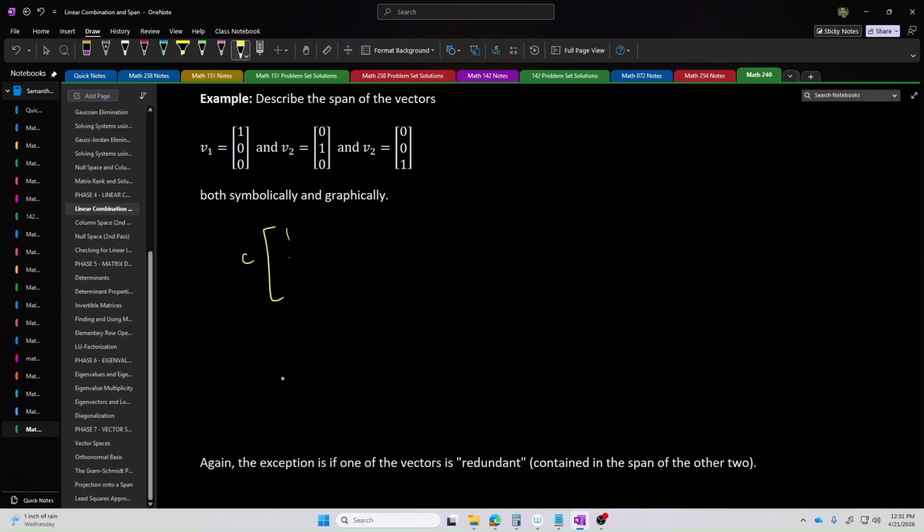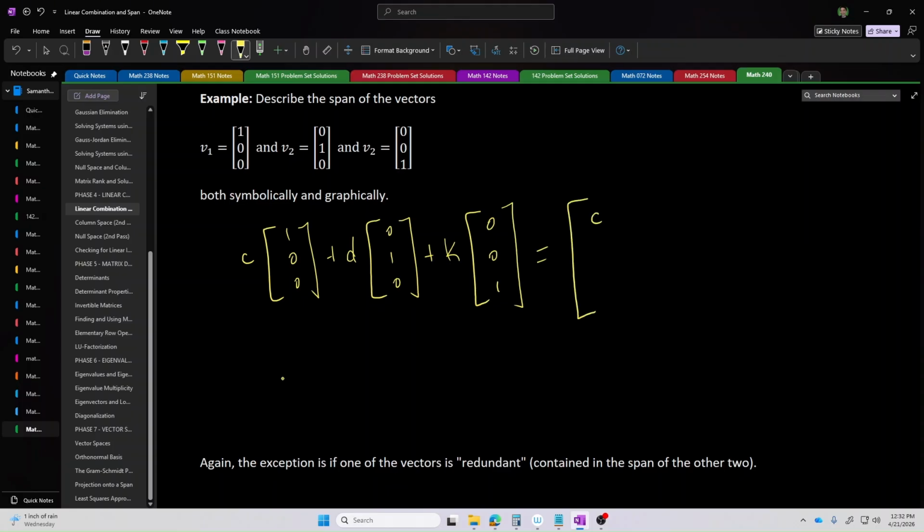Some number times 1, 0, 0, plus some other number times 0, 1, 0, plus some other number, k, times 0, 0, 1. If I combine those, I can get any number I want in the x position, any number I want in the y position, and any number I want in the z position. So the span of these three vectors is all of three-dimensional space.